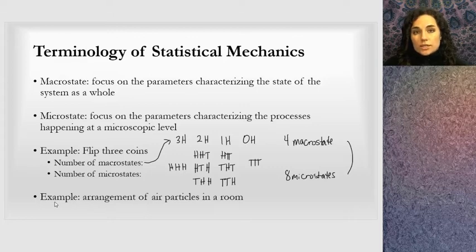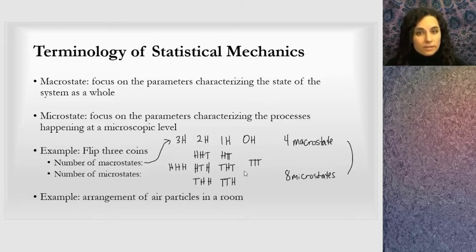So let's change the example and increase the n value. Here I had 8 options for microstates. Now consider the arrangement of air particles in a room. Think about the room you're sitting in and all of the air particles in it, and think about the arrangement of all those air particles. A classic example is they could all be on the right half of the room or on the left half of the room.